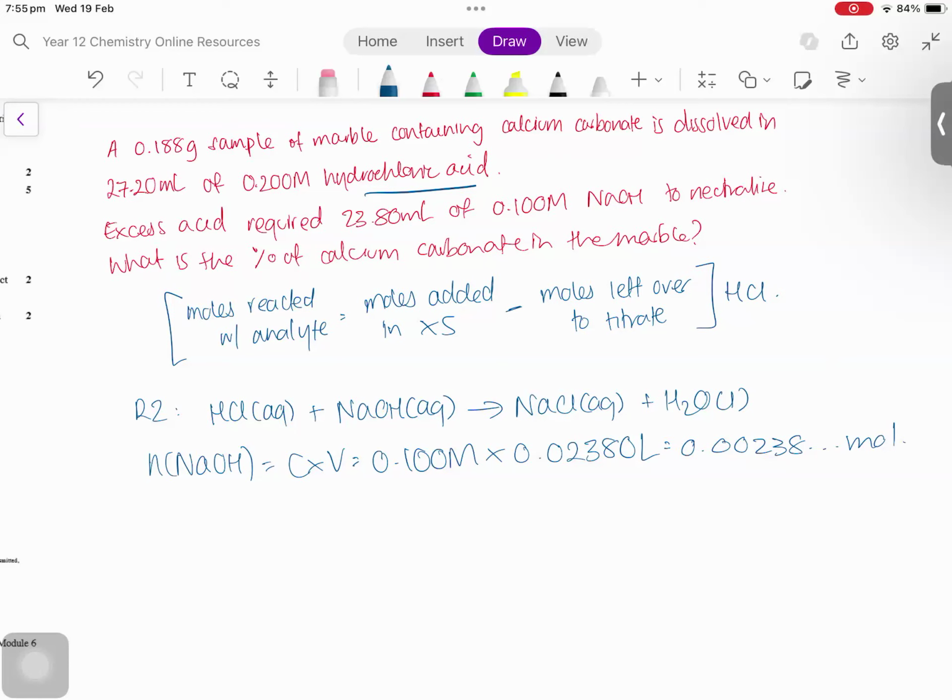Beautiful. Yes, it will be really obvious where the volume changes are. They'll tell you they use this amount and then they only took this amount and so on. What's the moles of HCl going to be?